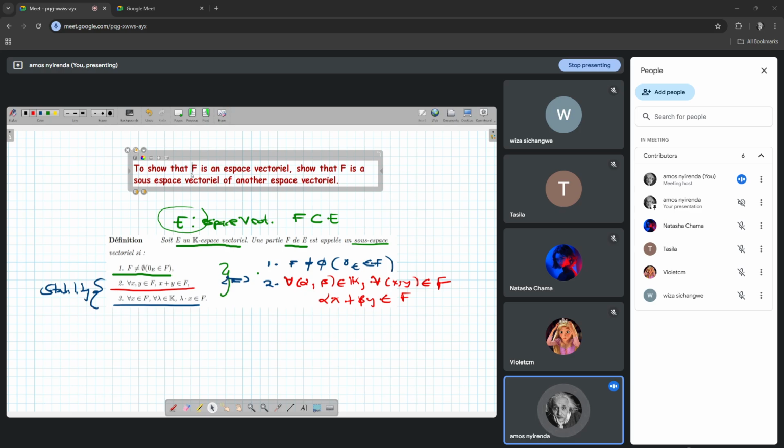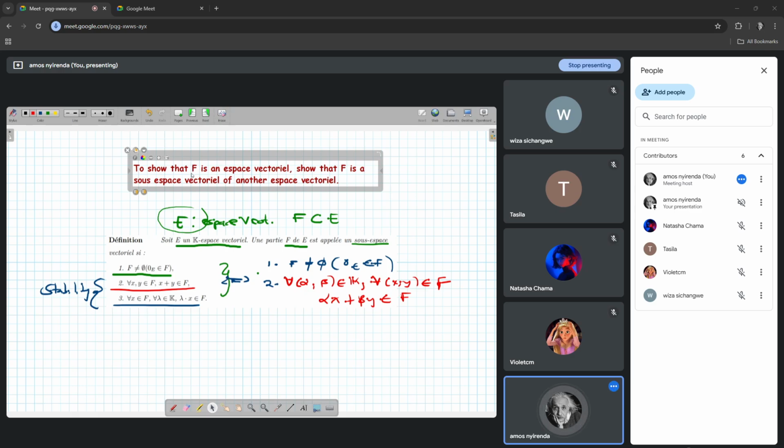So if I give you some set, and if you show that the set that I've given you is a sous-espace vectoriel of R2, and I know that R2 is an espace vectoriel, then that particular set is going to be a what?